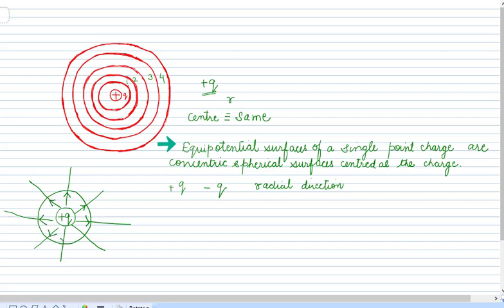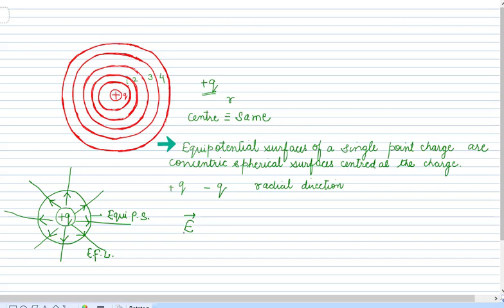I am representing the field lines with arrows, and this is the equipotential surface. So you can see that these two are perpendicular. So the electric field lines and the equipotential surface are normal. So what we can say is that the electric field E due to any point charge Q.